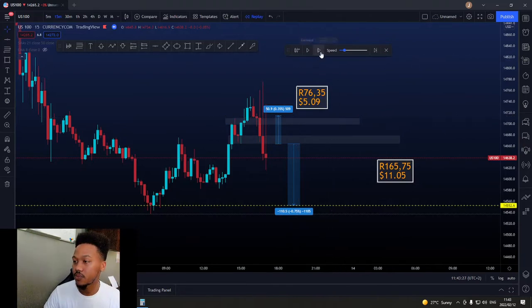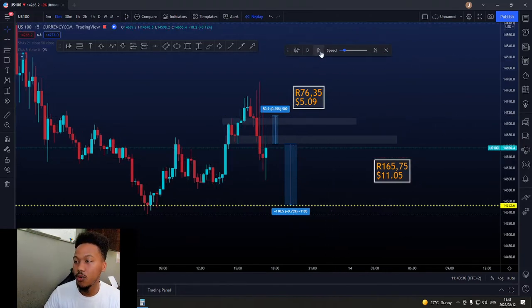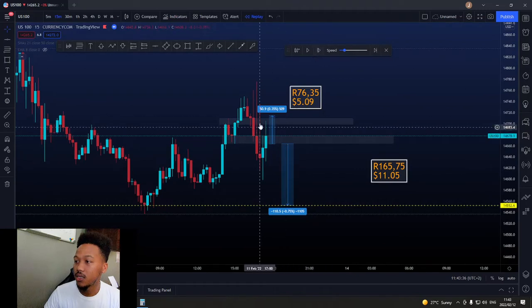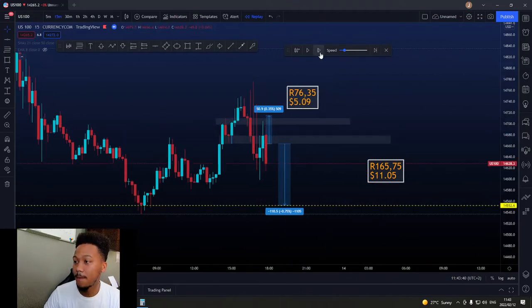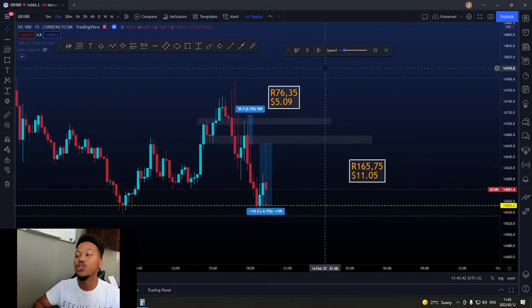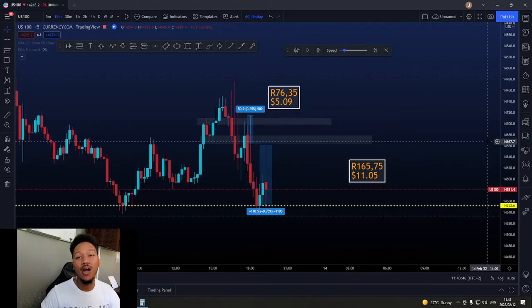Can you see the retest over there? You had a little bit of drawdown. Can you see you're almost out of this trade? Patience, and your target is smack bang. And now you're sitting with over 1,000 rand inside your trading account.